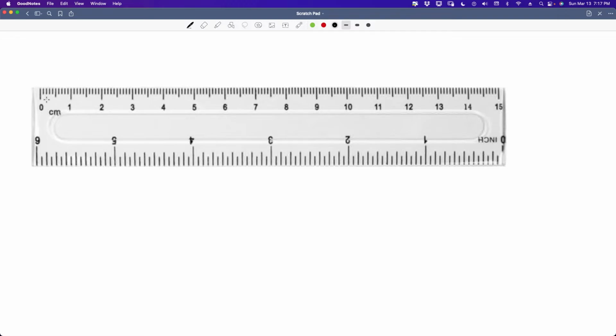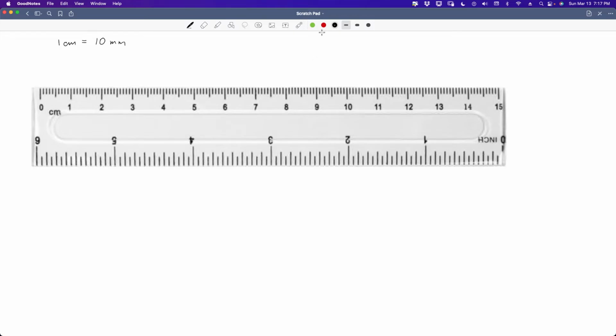That is because the metric system uses the base 10 method for measurement. This 1 centimeter has 10 millimeters within it. So 1 centimeter is equal to 10 millimeters. Okay? So the small little spaces in between here are 1 millimeter wide.